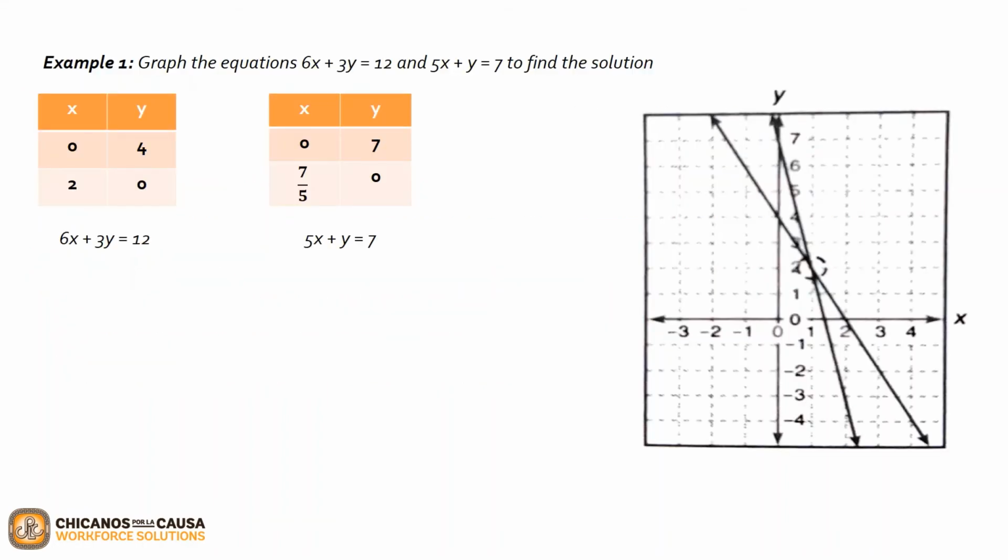Let's look at our first example. Example 1. Graph the equations 6x plus 3y equals 12 and 5x plus y equals 7 to find the solution. Essentially, again, we're going to make our T-charts for our two separate equations, and then we're going to graph them, which we've already done here, and we're going to find the point of intersection.